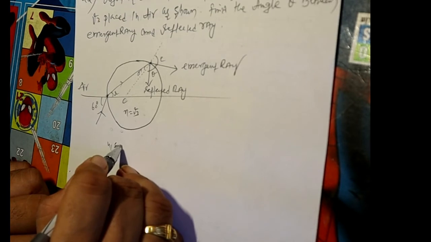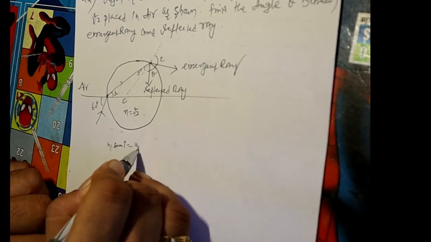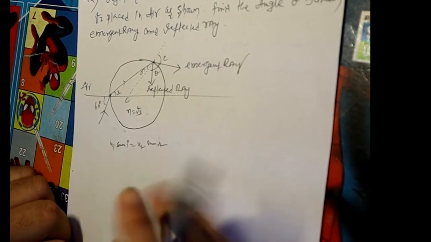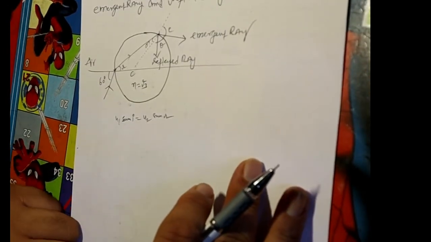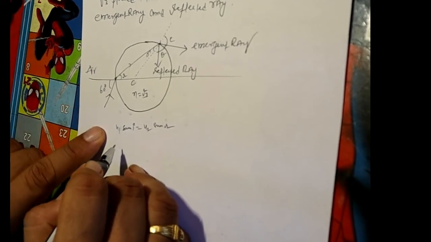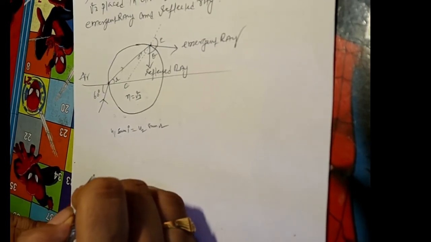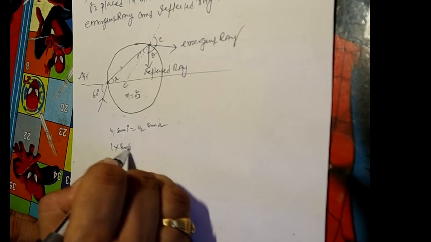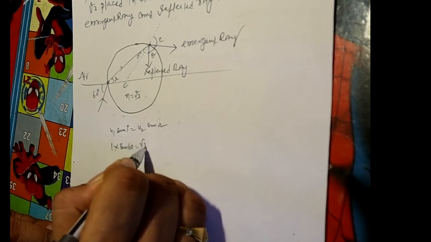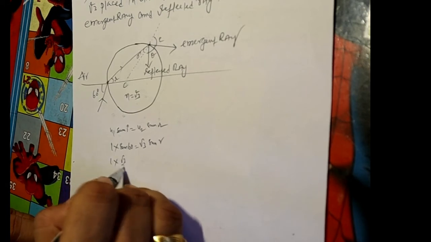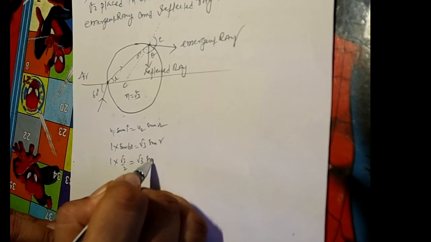n1 sin i is equal to n2 sin r. We don't know the value of r. n1 means the refractive index of air. What is the refractive index of air here? Refractive index 1 into sin 60 is equal to n2, root 3, into sin r. So 1 into root 3 by 2 is equal to root 3 into sin r.